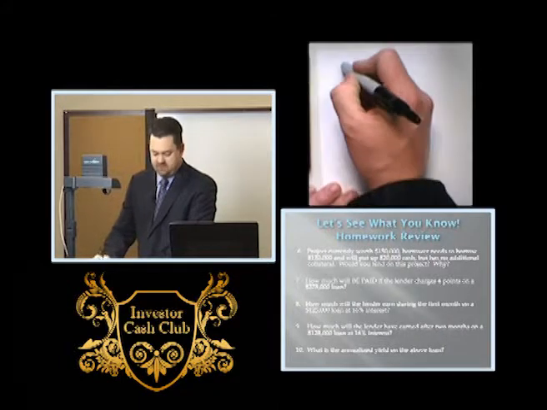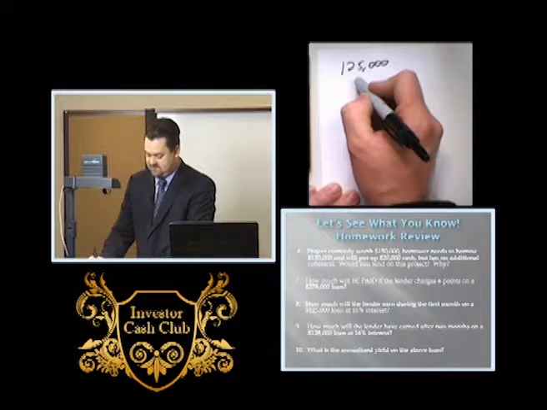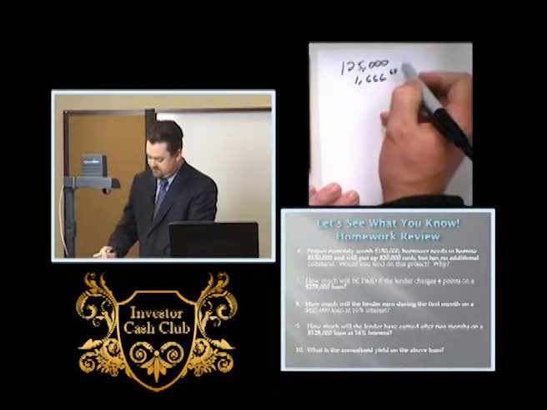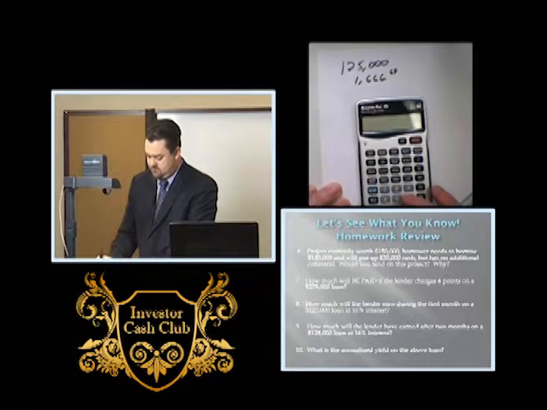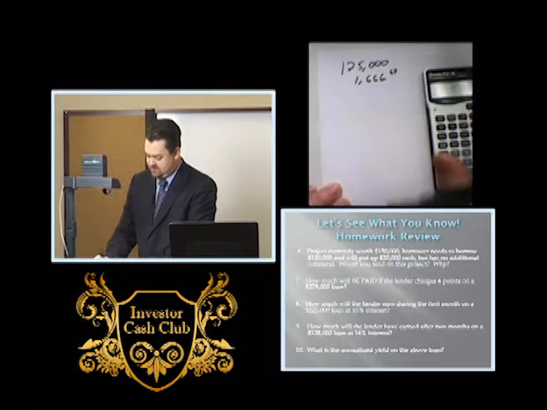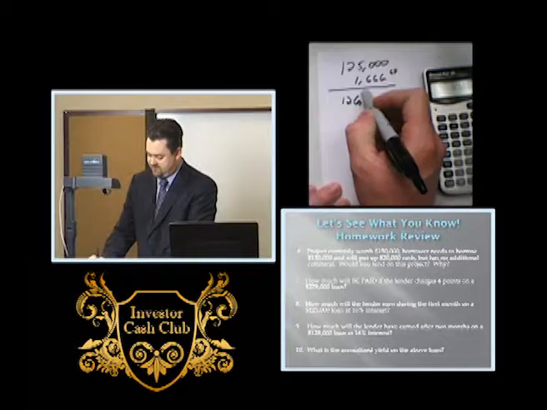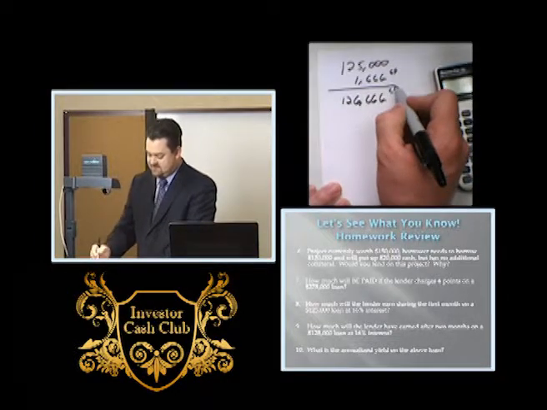125,000. Remember that the first month of interest was 1,666.67. So we're going to add those two together. 125,000 plus 1,666.67. Woo! Guys, it is early here in the Pacific Northwest, and I'm still working on my first cup of coffee, so you're going to have to forgive me. 126,666.67.